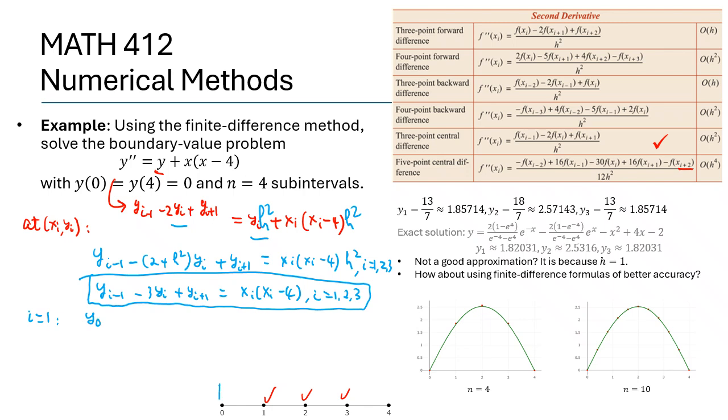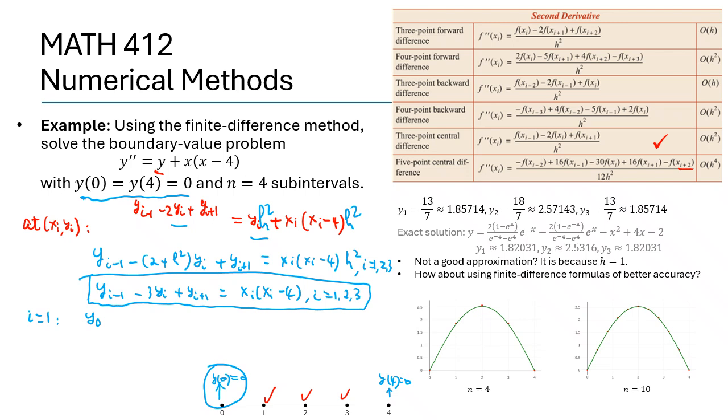What's the value here? y of 0 is 0, and y of 4 is also 0. So we use the boundary condition at the left end point. The conditions here are called Dirichlet boundary conditions, and they are 0.